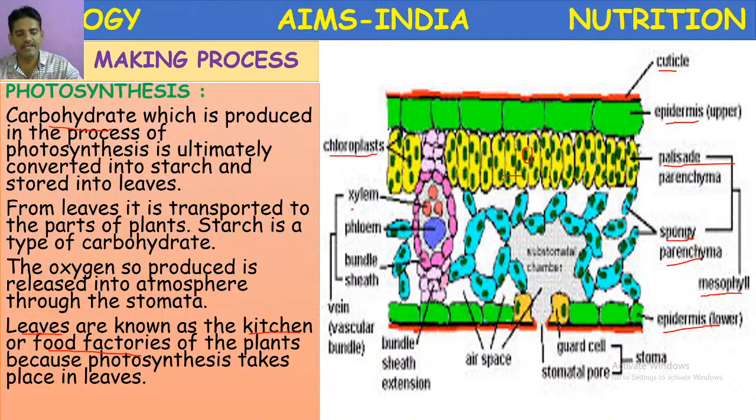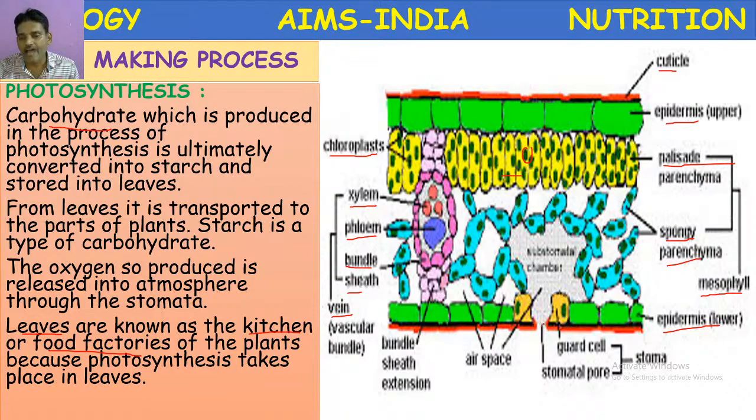If you take a leaf, this leaf contains veins and veinlets. These veins and veinlets and the midrib consist of vascular bundles, which contain xylem tissue and phloem tissue. They together form vascular bundles.